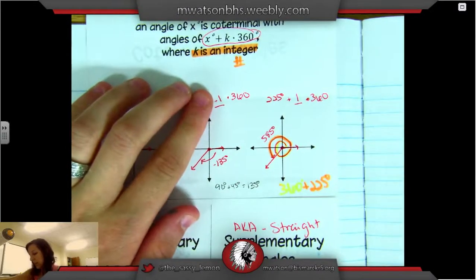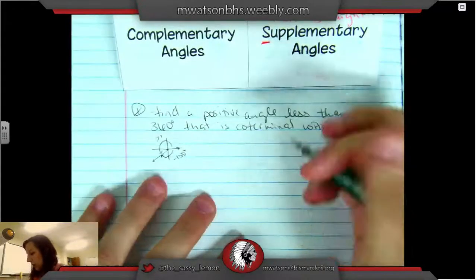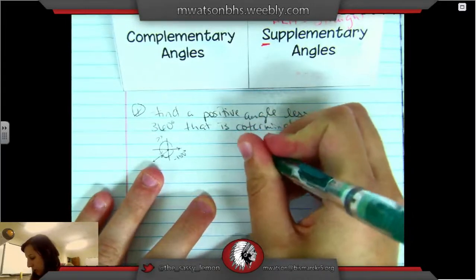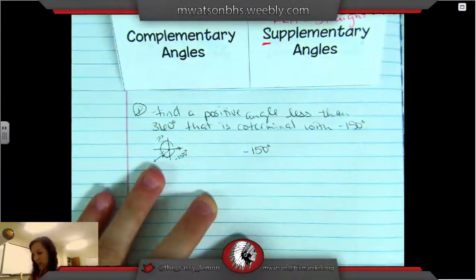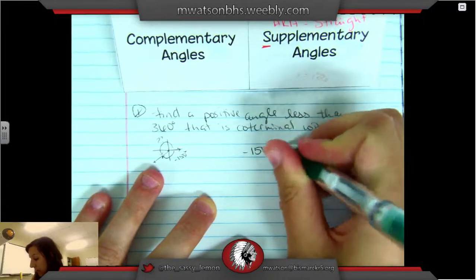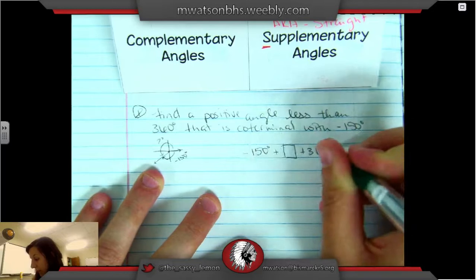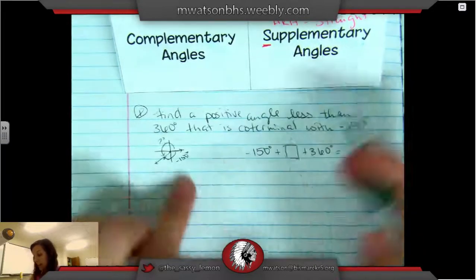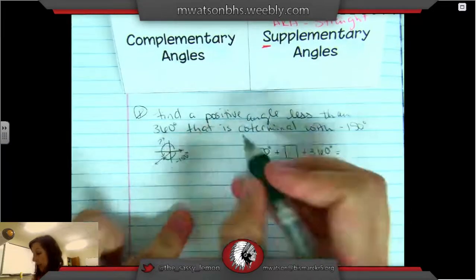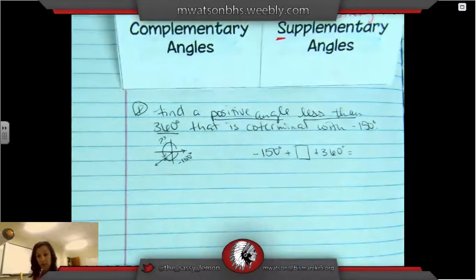Okay, what we're going to do is we're going to say, okay, we've got negative 150 degrees. Now to get a coterminal angle, we need to add some number times 360 to get our criteria, a positive angle less than 360 degrees.